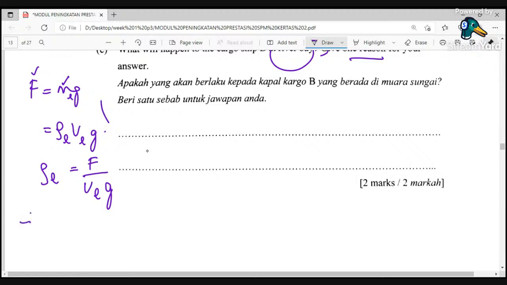Ataupun boleh tulis juga macam ni. Okay, for constant F dengan g, V dengan rho akan berubah ya. Kalau density dia decrease, volume of liquid displaced increase.